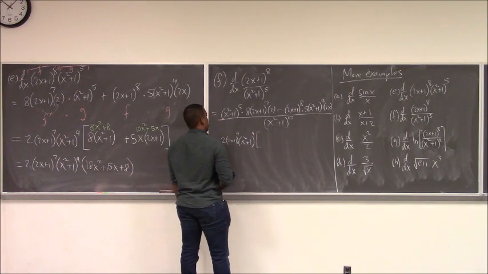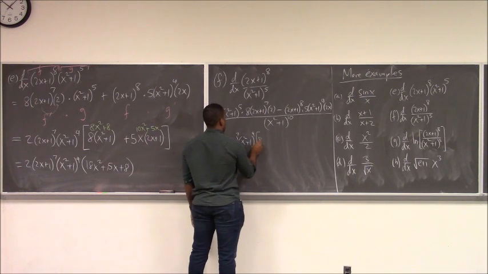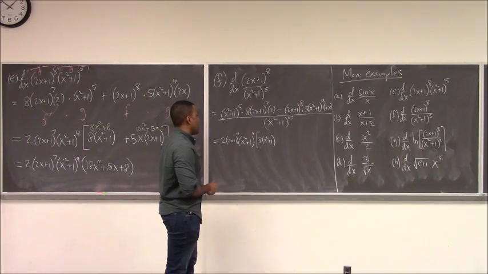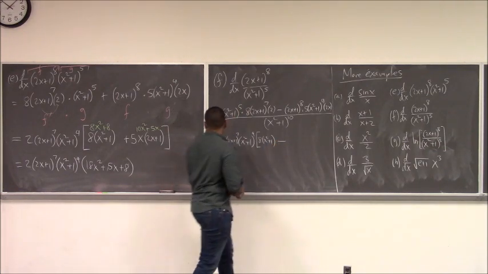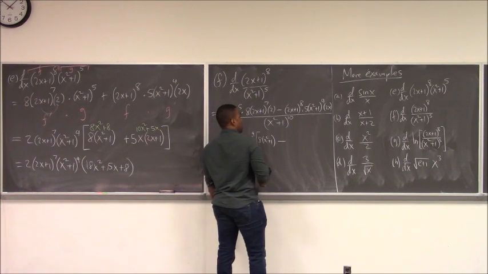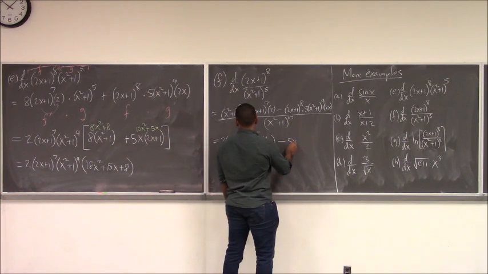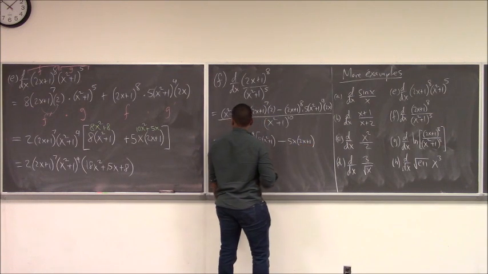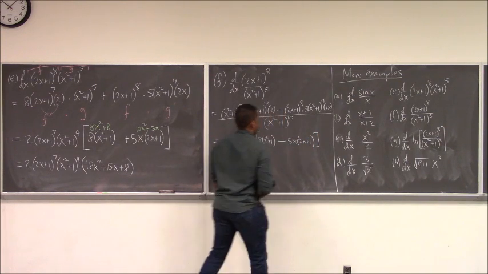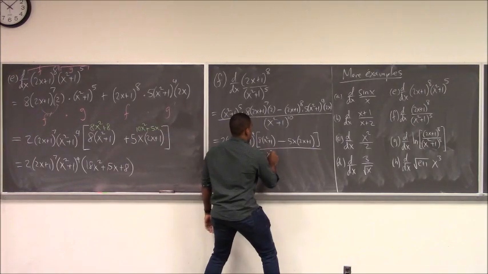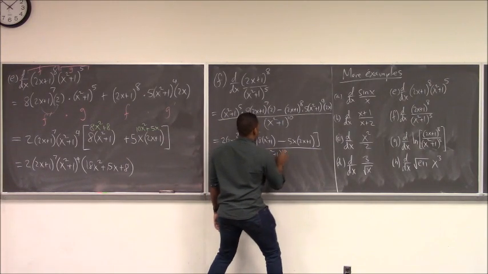We would be left over with 8x squared plus 1, minus 5x times 2x plus 1, all over x squared plus 1 to the 10th.